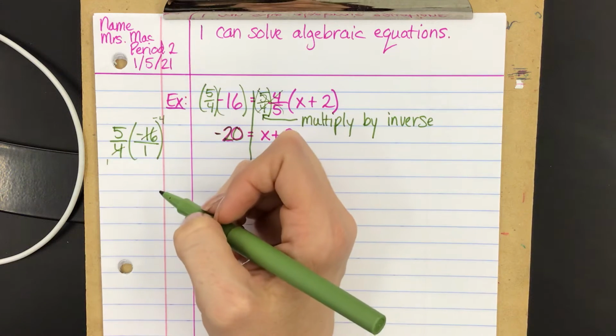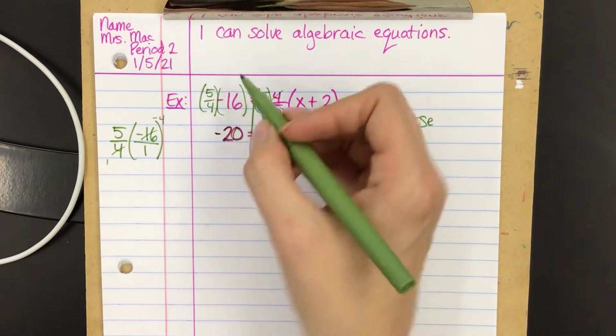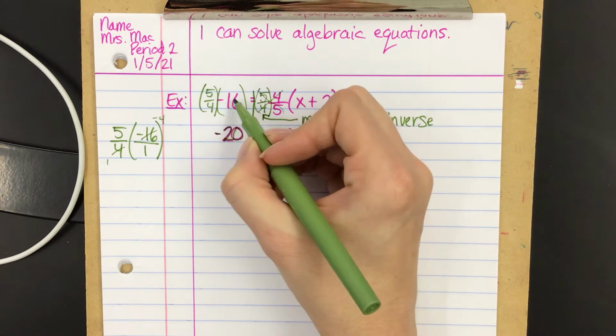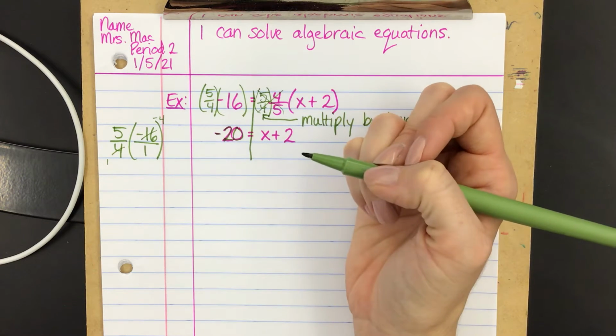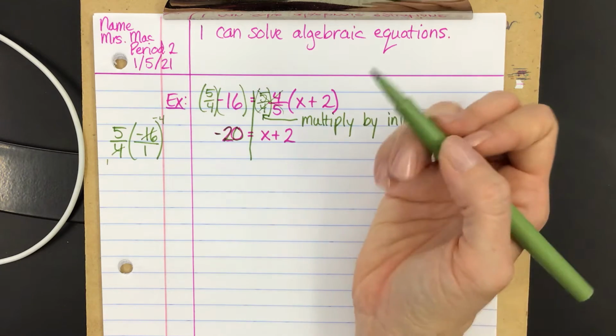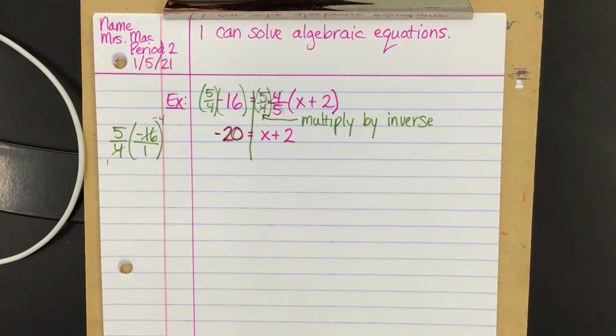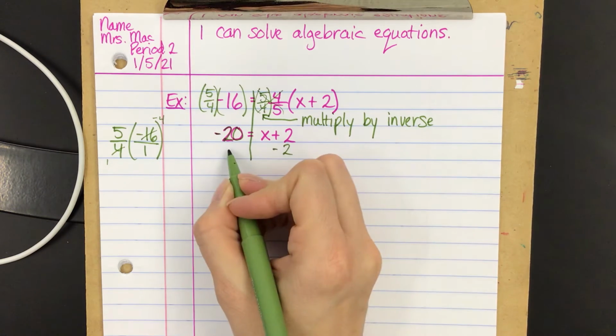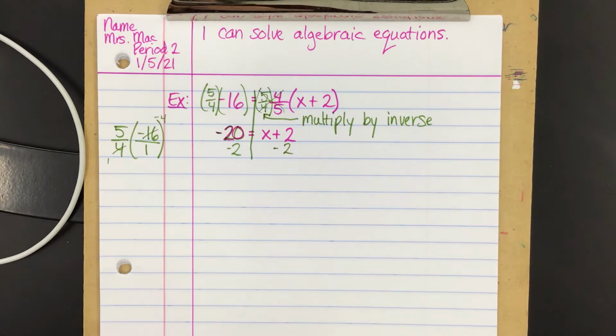But what I do mentally is I just take a look at this and I go, well, negative 16 divided by 4, and then I multiply by 5. That's usually how I do it. Everyone has their method. So as long as you have a method that works for you, you should be good to go, okay? Now let's subtract 2 from both sides and finish up this equation.